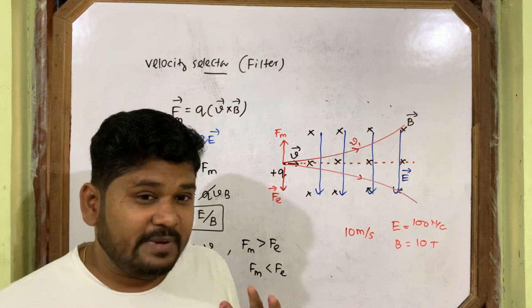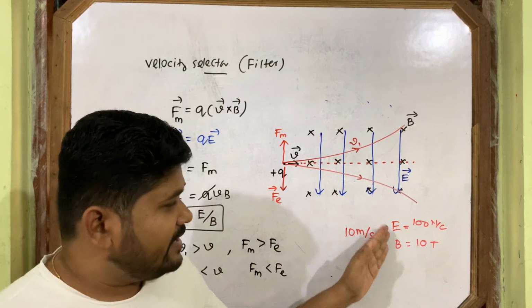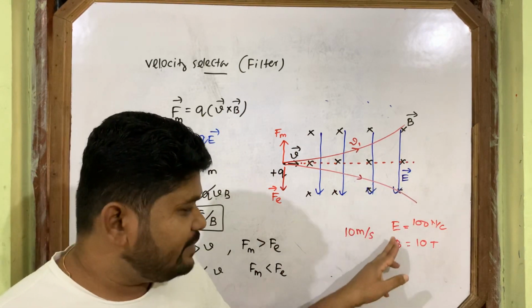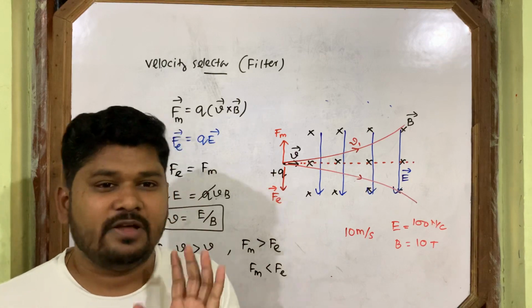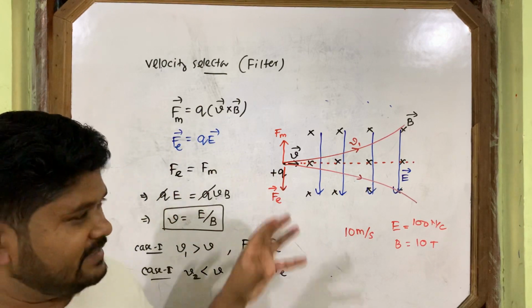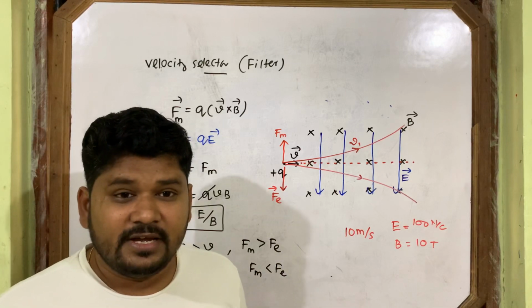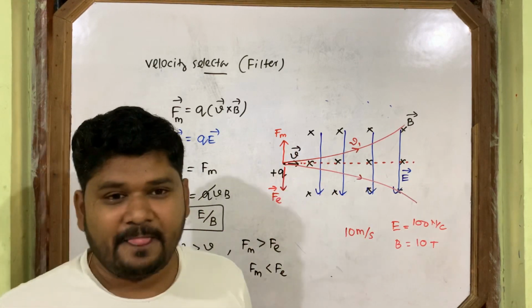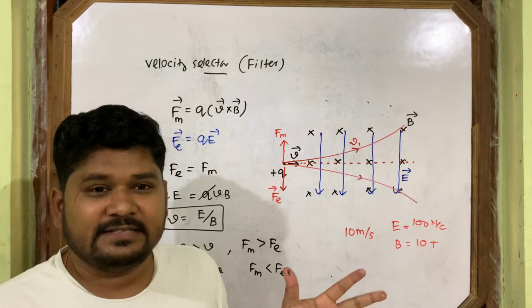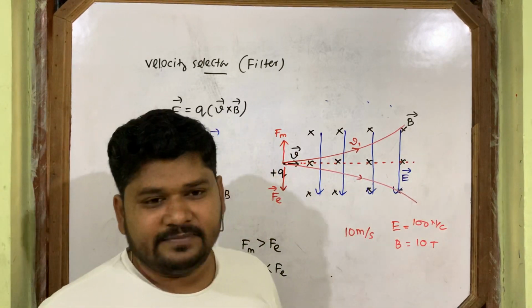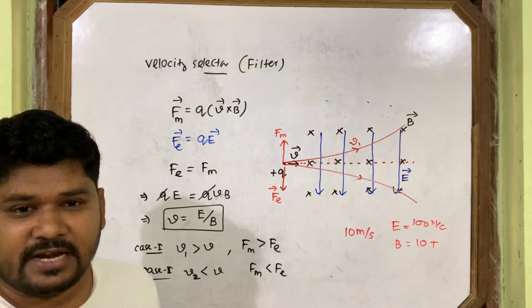With whatever speed of particle you need, accordingly you have to set the E value and B value. E by B ratio is equal to the speed of the particle. So when many particles of different velocity come, they get filtered here. We filter the particles here. We get only the particle of E by B speed, meaning 10 meter per second.